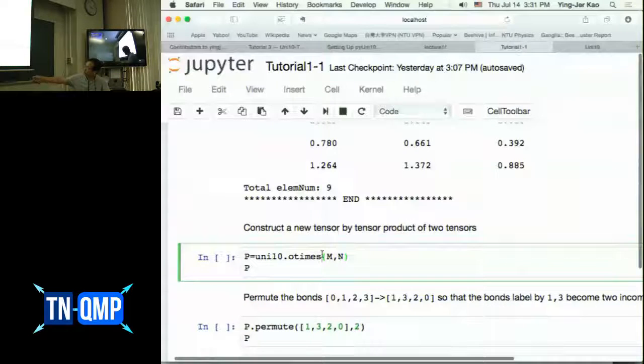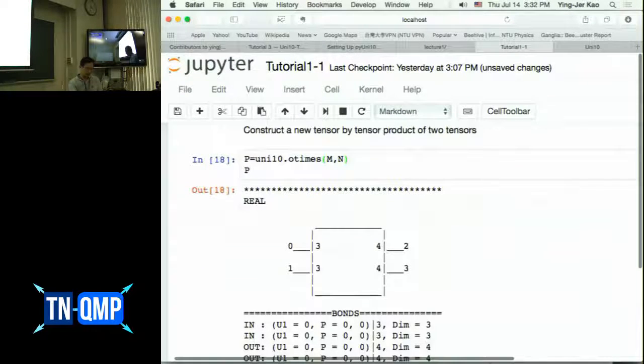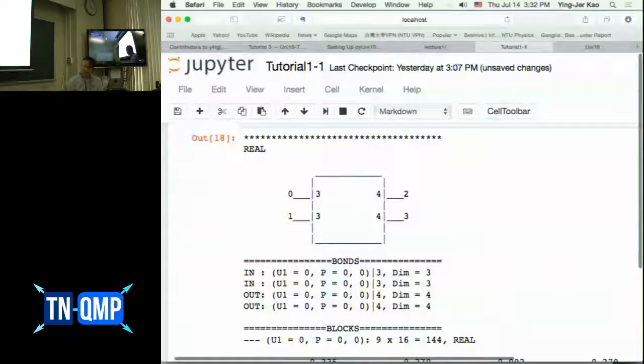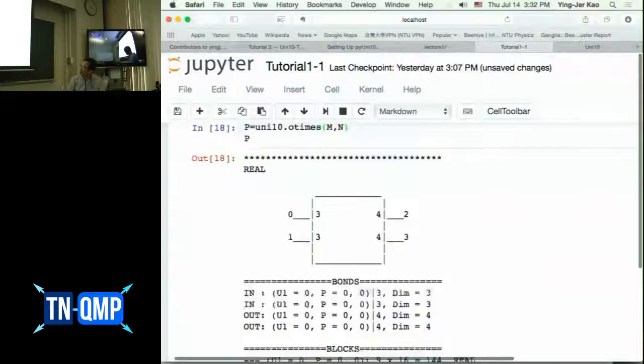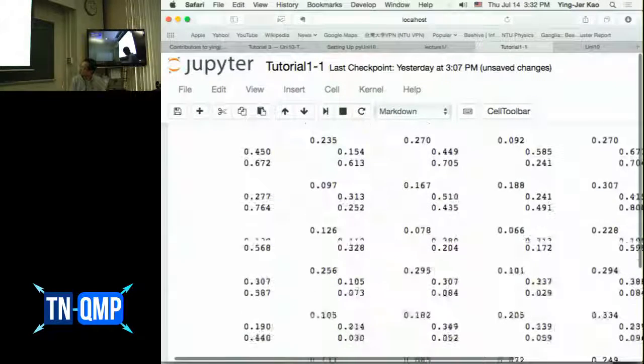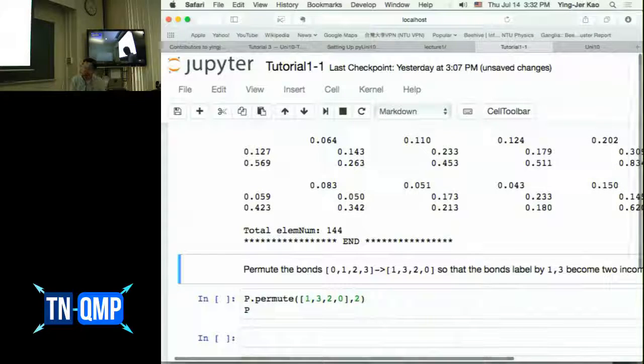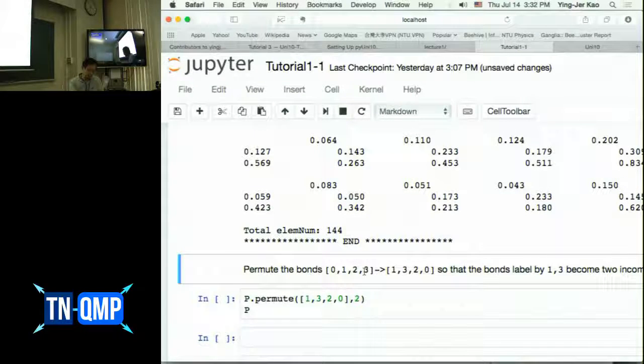And there's some other things. A lot of times you need to take the tensor product of two tensors. So this can be done. And a lot of times we want to do a permutation.